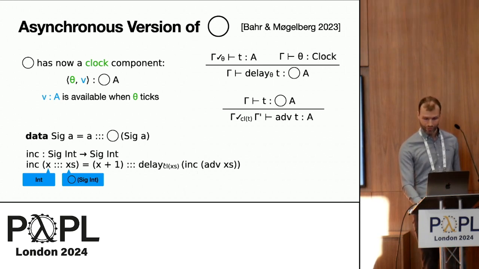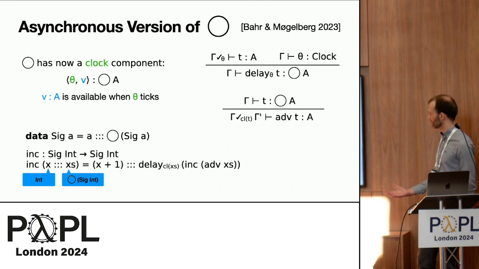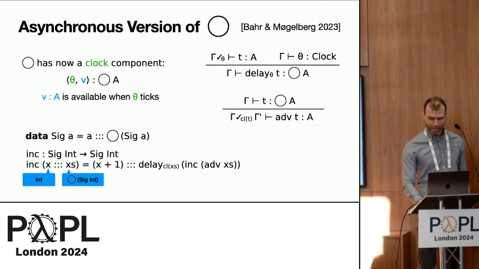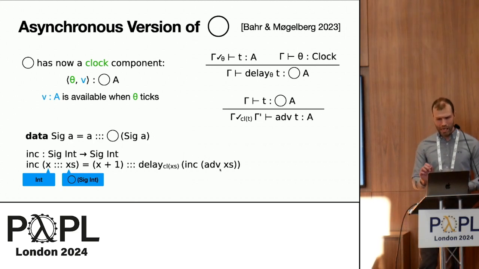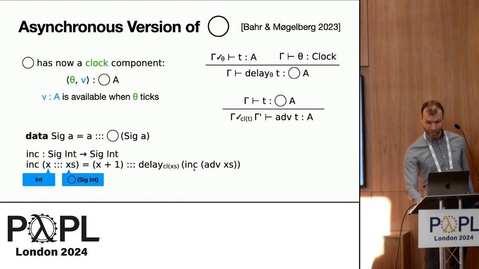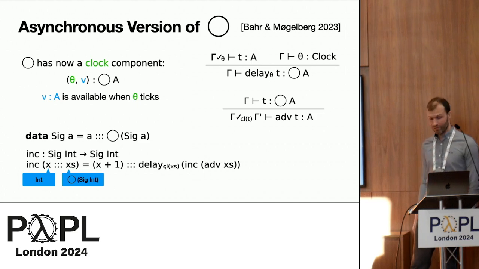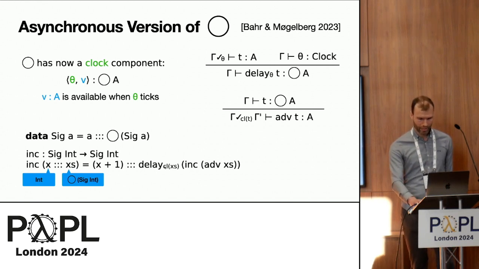So we first have to turn this xs from type later of signal of integers to just a signal of integers. We have to remove the later modality, and that's why we have the advance here. So here we can see how delay and advance interact. And we can do this advance because we have delayed according to the clock of this delayed signal. All right, so this is how we interact with this later modality.